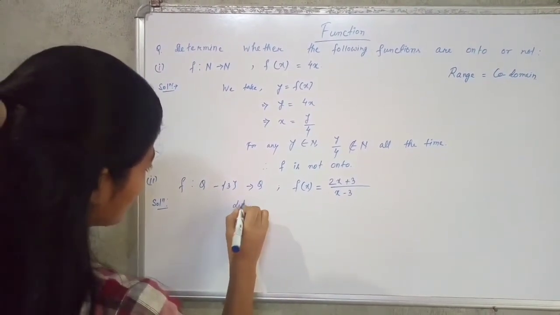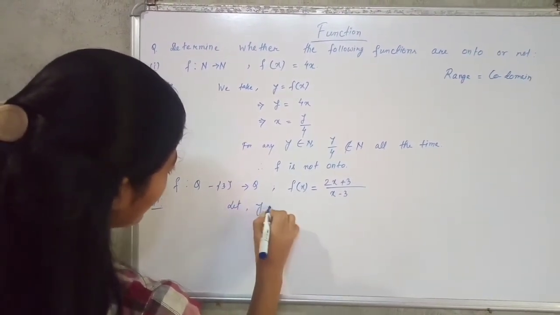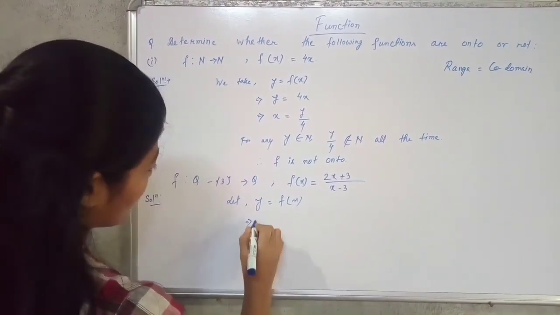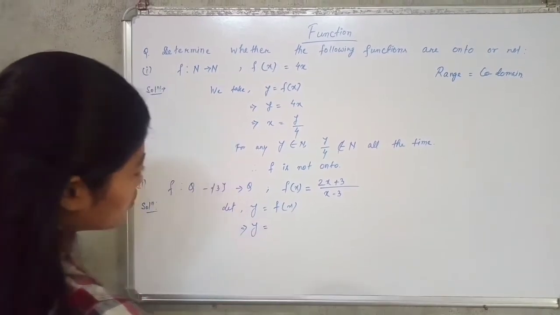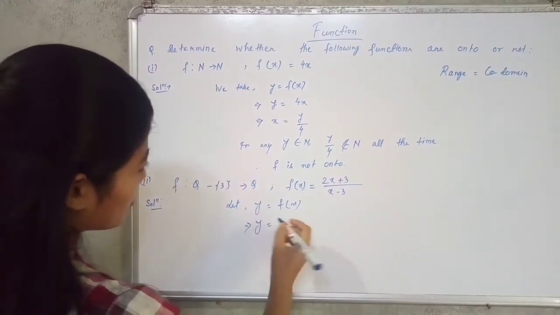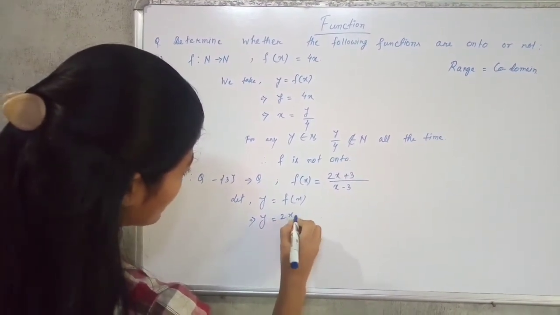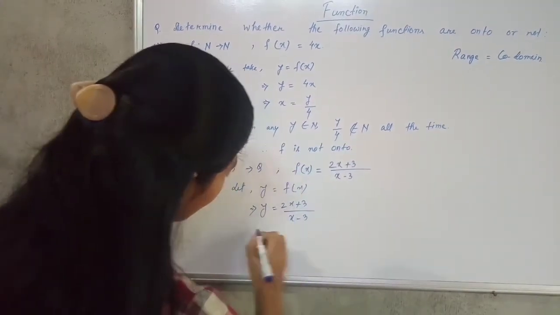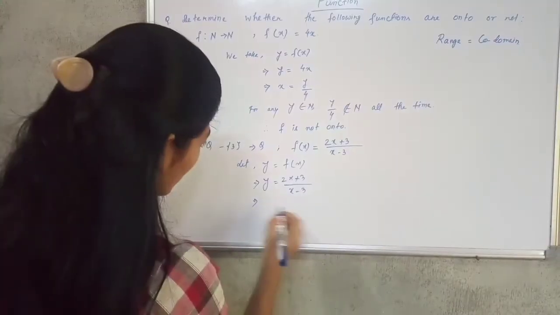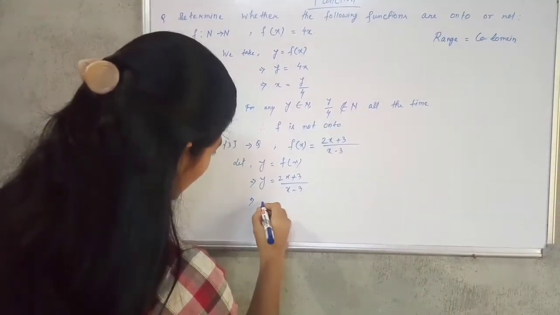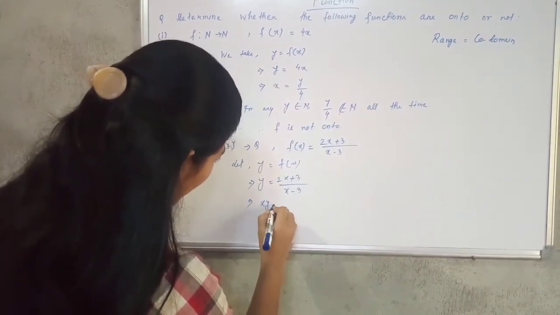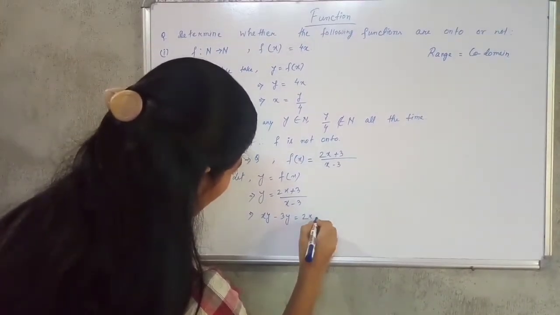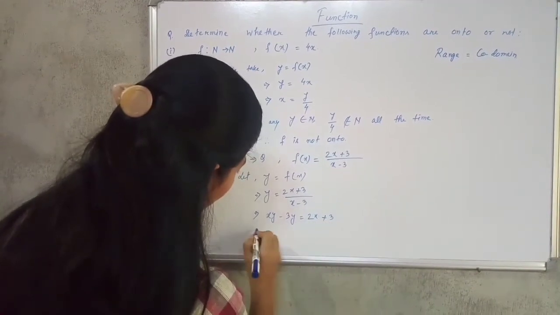Let y equal f of x. According to this question, y will be equal to twice x plus 3 divided by x minus 3. We cross multiply it, then it will be xy minus 3y equal twice x plus 3.